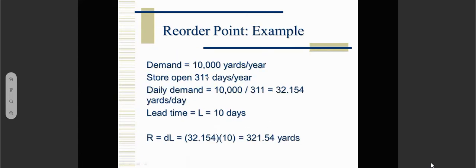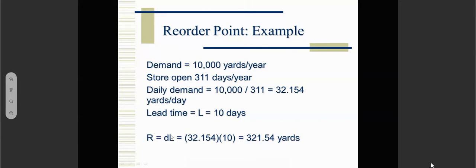Let's say here the demand is 10,000 yards per year and the store is open 311 days per year, so based on this annual demand and number of working days, we have 32.154 yards per day. So this is the daily demand.